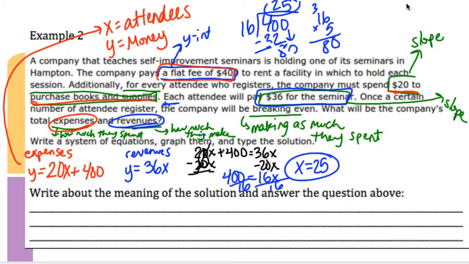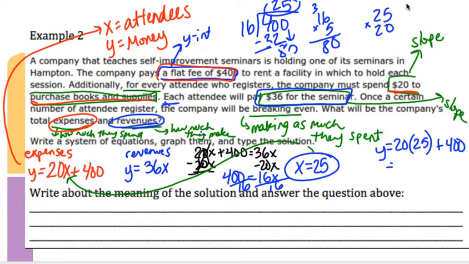So I'm going to substitute it in for this equation right here. So y equals 20 multiplied by 25 plus 400. So 20 multiplied by 25 is going to be 500, plus 400, which means y is equal to 900.